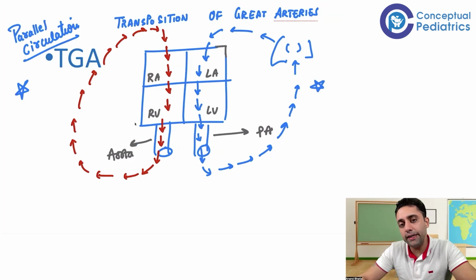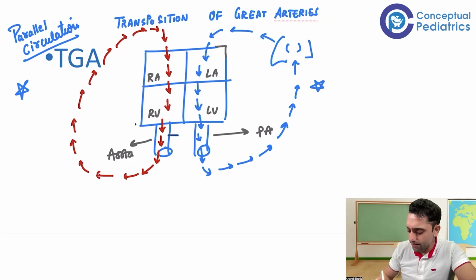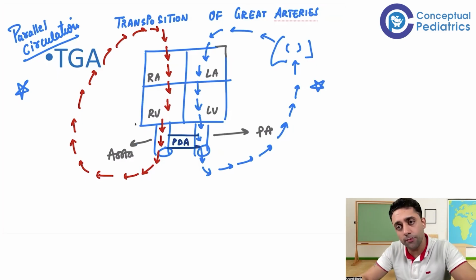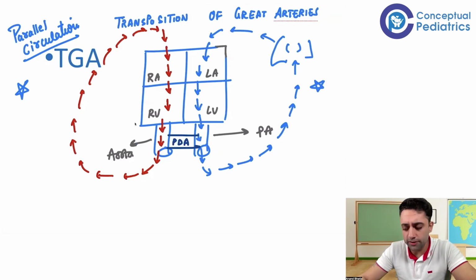Number 2, very importantly, this is a parallel circulation where on one side deoxygenated blood is entering and leaving, and on the left side the oxygenated blood is entering and leaving. Now in this case, if I keep the patent ductus arteriosus, PDA, open, will it be of any usefulness, yes or no?